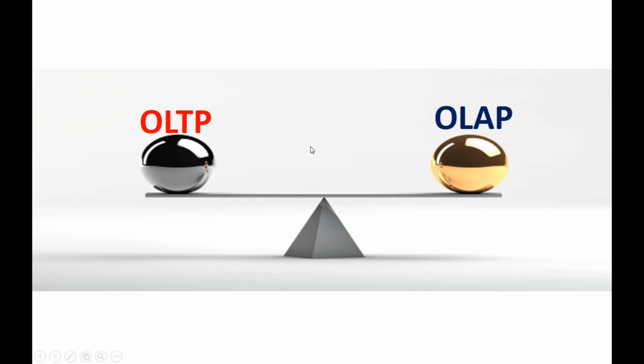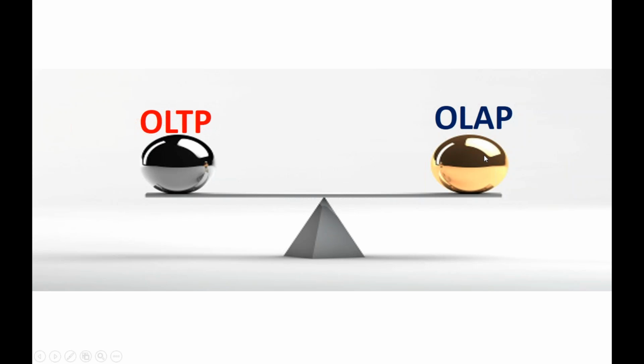You know that we have OLTP systems and OLAP systems, online transaction processing and online analytical processing. In an online transaction processing system your day-to-day transactions happen. The best example is your ATM machine, which we can also map to an SAP module, which is nothing but your ECC system or ERP system.